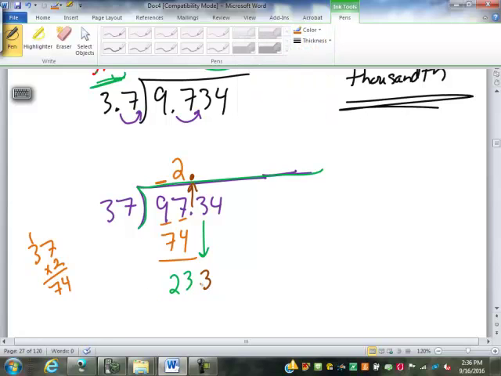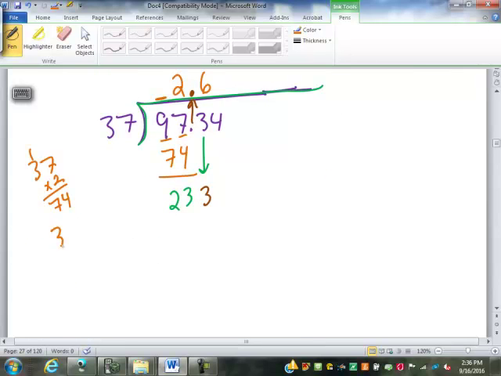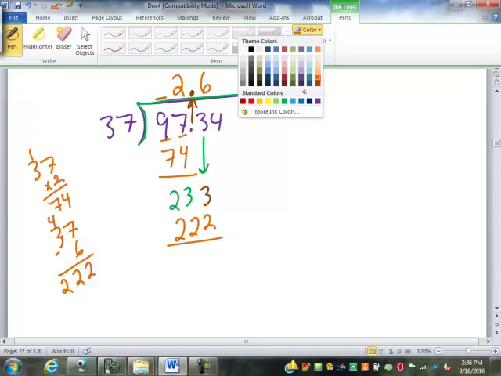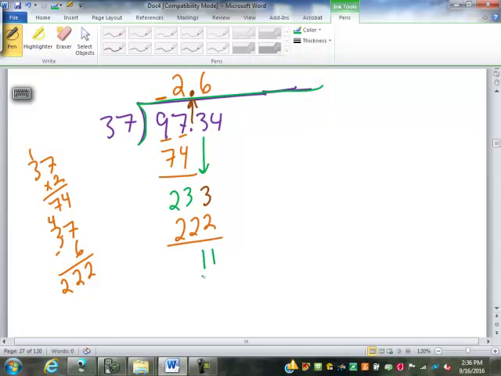37 into 233. Let's see, 7 I think is going to be too big. Let's try 6 and see what happens. So 37 times 6. 6 times 7 is 42, so 2 carry the 4. 6 times 3 is 18, plus 4 is 22. So yeah, that's 222. That works. We subtract, get 11.